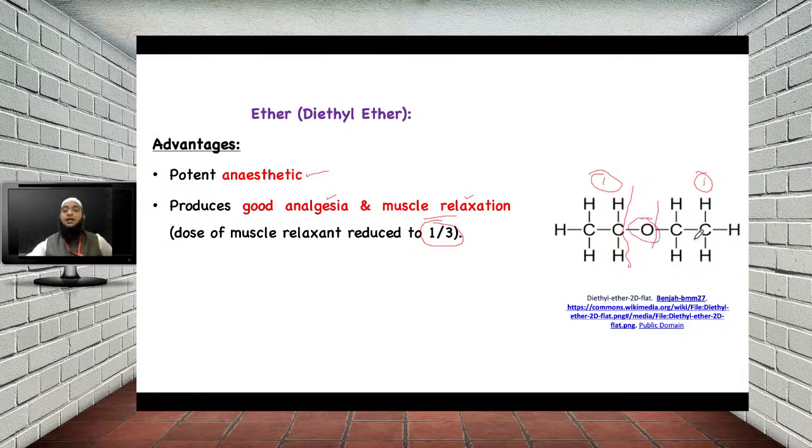On both sides an alkyl group is present, joined by oxygen. So basically we are talking about diethyl ether. We are not talking about other ethers, which may not have this type of property. When we talk about the anesthetic agent ether, it is basically diethyl ether.